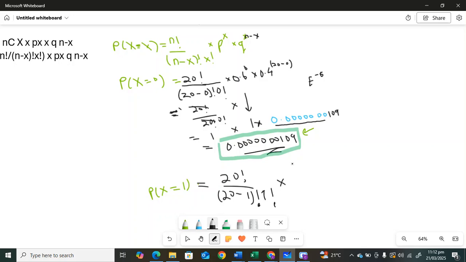Remember, p is always going to be 0.6, p to the power x, so 0.6 to the power 1, multiplied by q, which is 0.4.